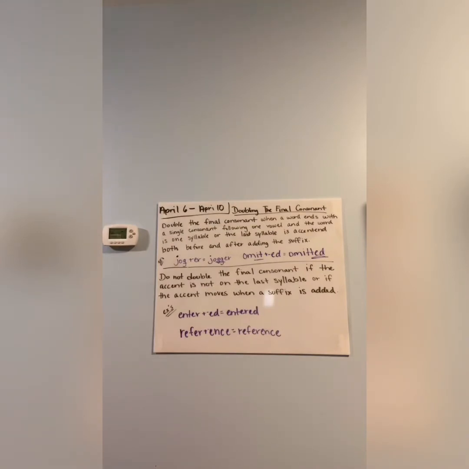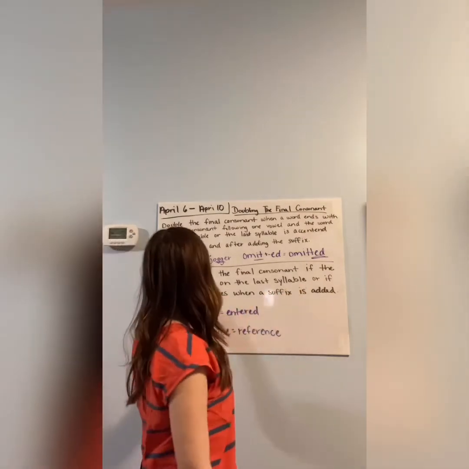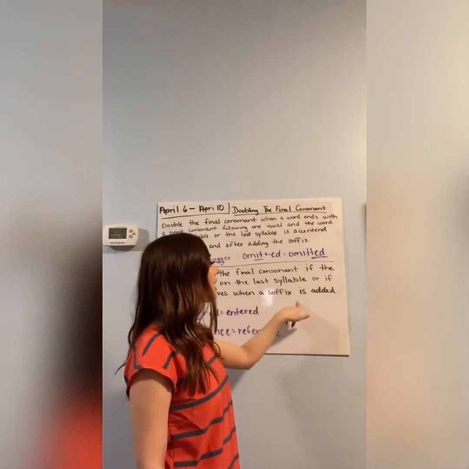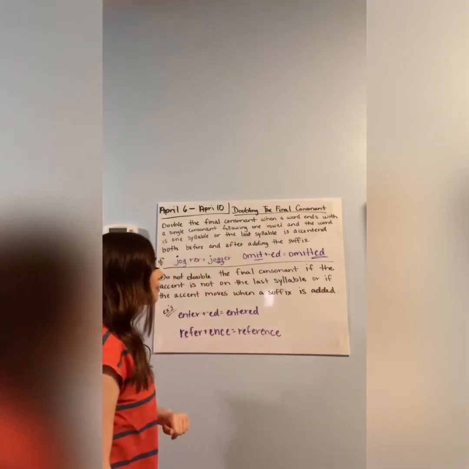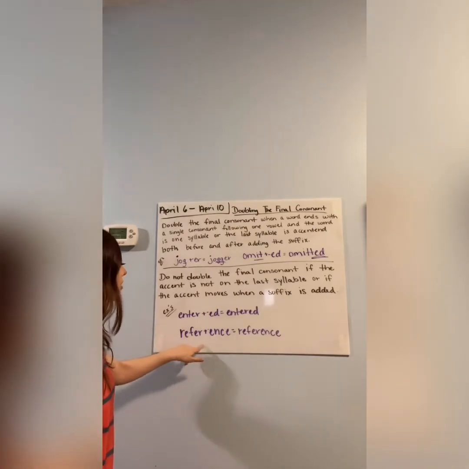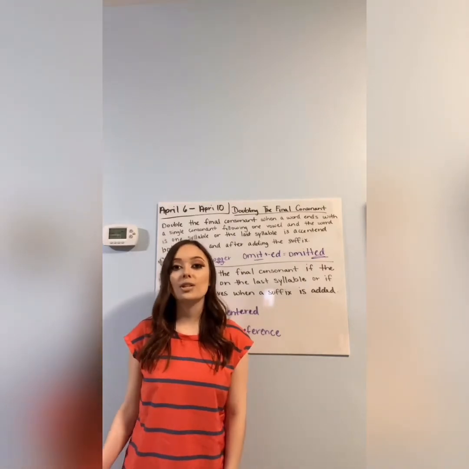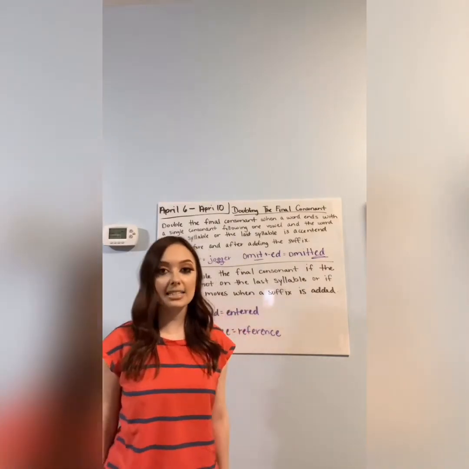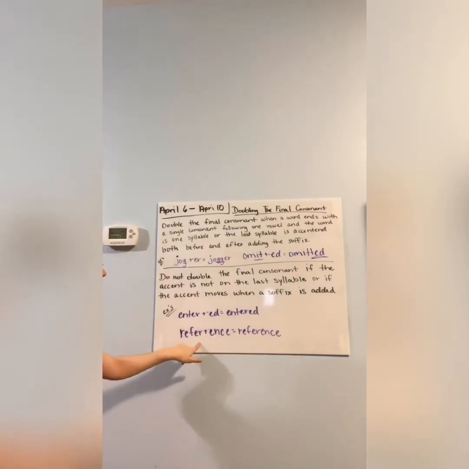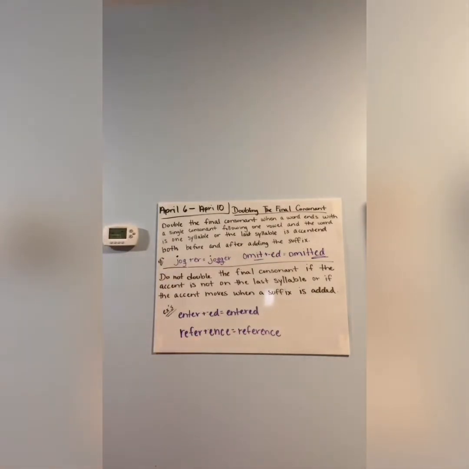Okay, then it goes on to say, you also do not double the final consonant if the accent moves when a suffix is added. So let's pause and look down at our second example. The word is refer. Say that word out loud. Refer. You can hear that our accented syllable is the last syllable in the word refer. So yes, our last syllable is accented in that word.